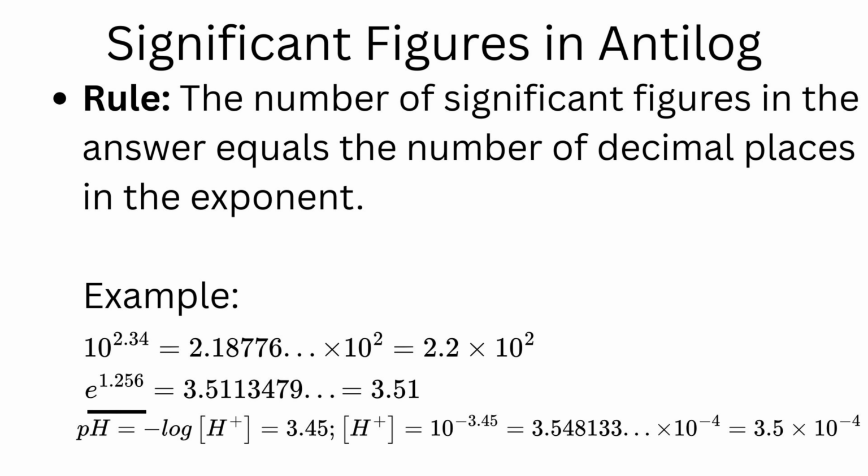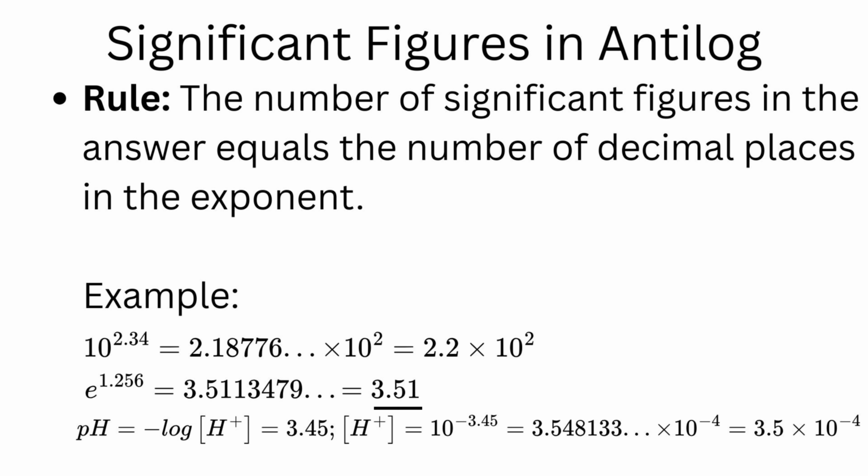Same thing. Plug it into your calculator. The calculator will probably give you something like 3.511347967, something like that. But the exponent 1.256 has 3 decimal places, so your result can only have 3 significant figures. So in this case, you have to round down. Your final answer will be 3.51.